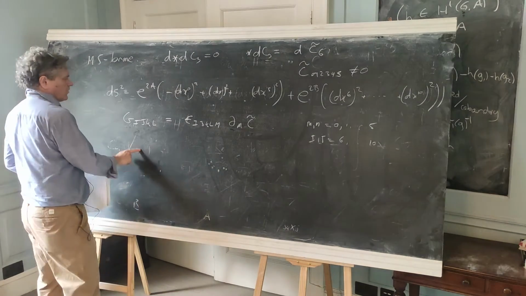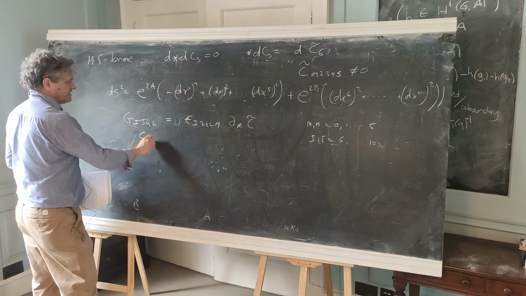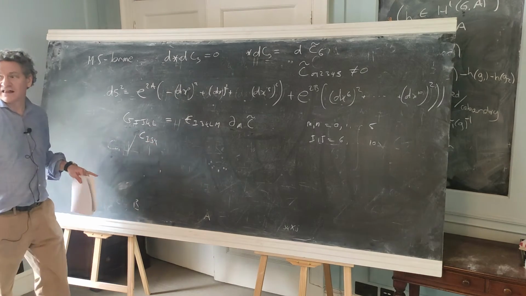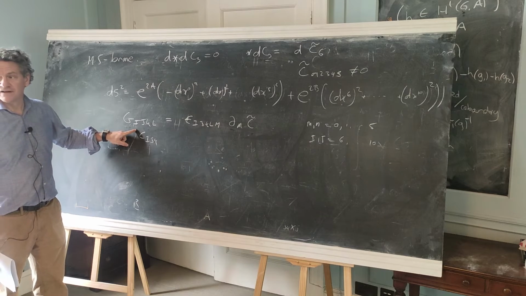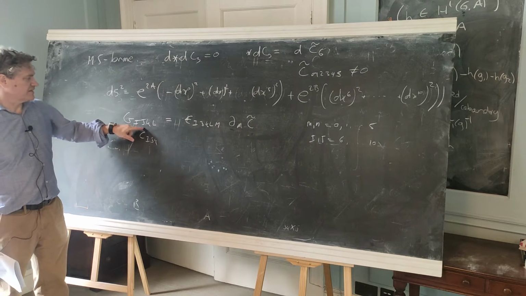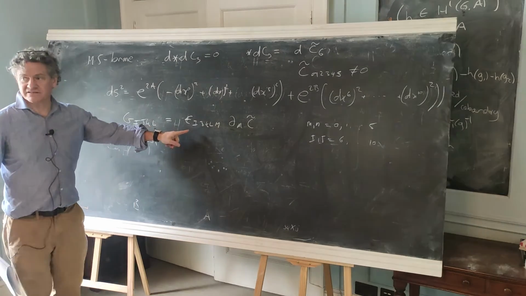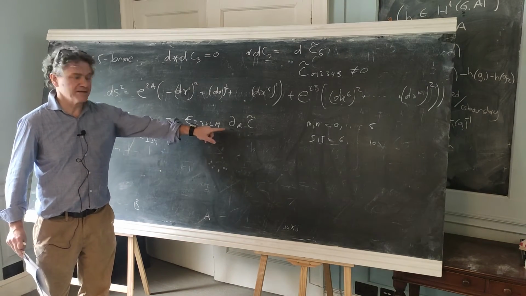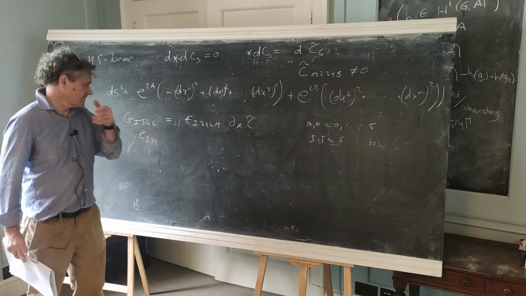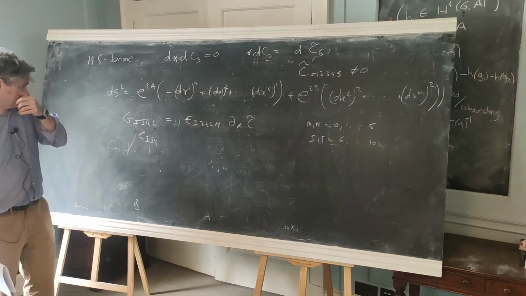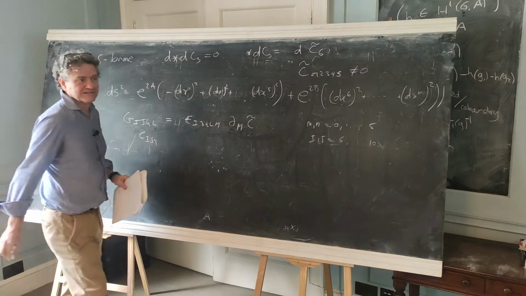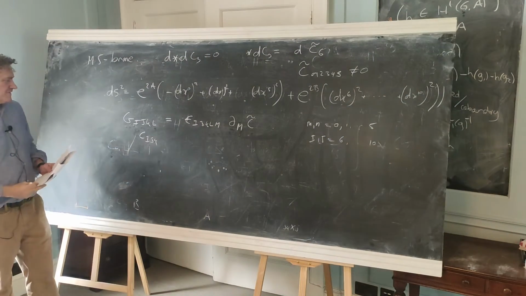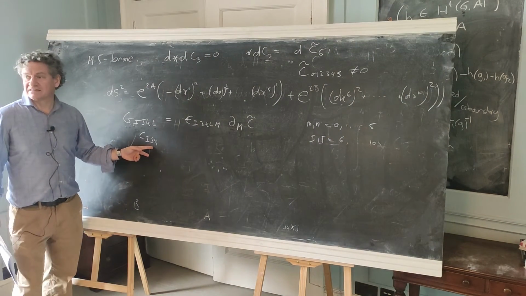If you like, what I've turned on is actually C_IJK in this language, right? So G_IJKL, the answer is epsilon IJKLM d_M C tilde. Oh, this is a capital M, not a little m. So it's a 3-index C.